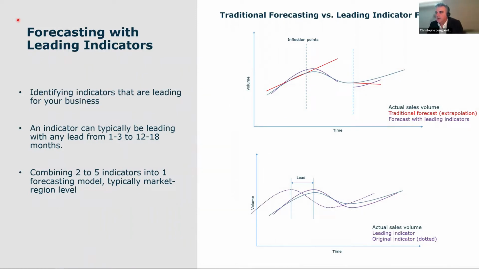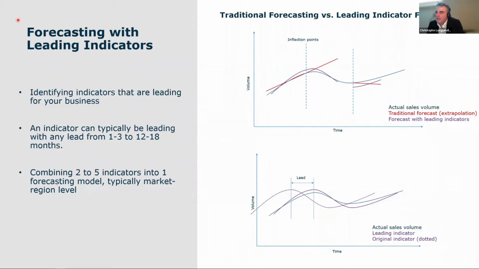Traditional forecasting methods will extrapolate what is happening in the past, but without much knowledge about what can happen in the future, because it only has that internal information of the target phenomenon. And you see that if you have inflection points, these methods are incapable of predicting in what direction the phenomenon that you want to model will go.